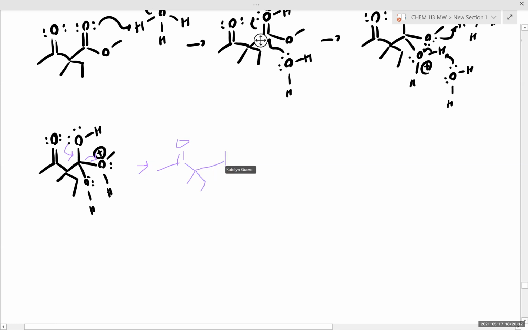So after we kick out our leaving group, from here, as a cleanup step, we're going to deprotonate our carboxylic acid, carbonyl oxygen.